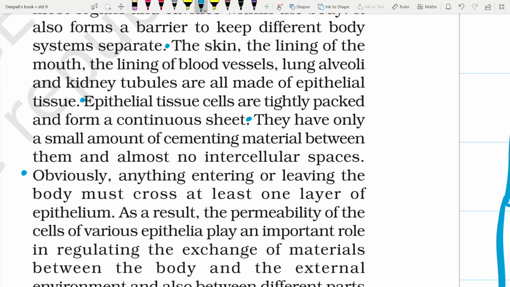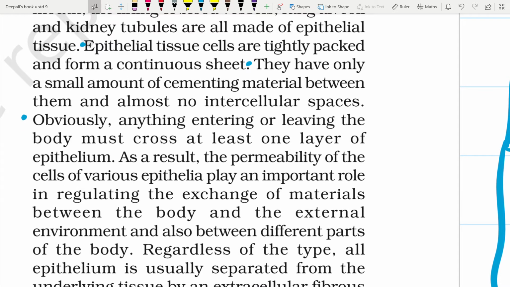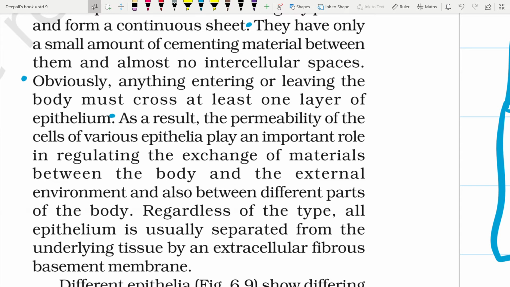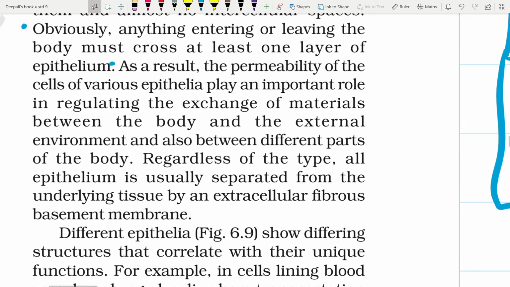As a result, the permeability of the cells of the epithelium plays an important role in regulating the exchange of material between the body and the external environment and also between different parts of the body. Regardless of the type, all epithelium tissues are separated from underlying tissues by an extracellular fibrous basement membrane.